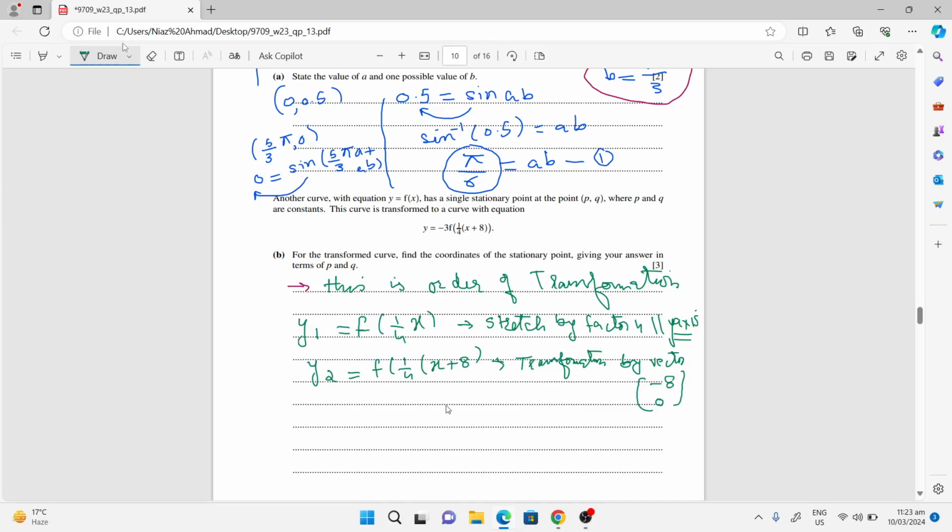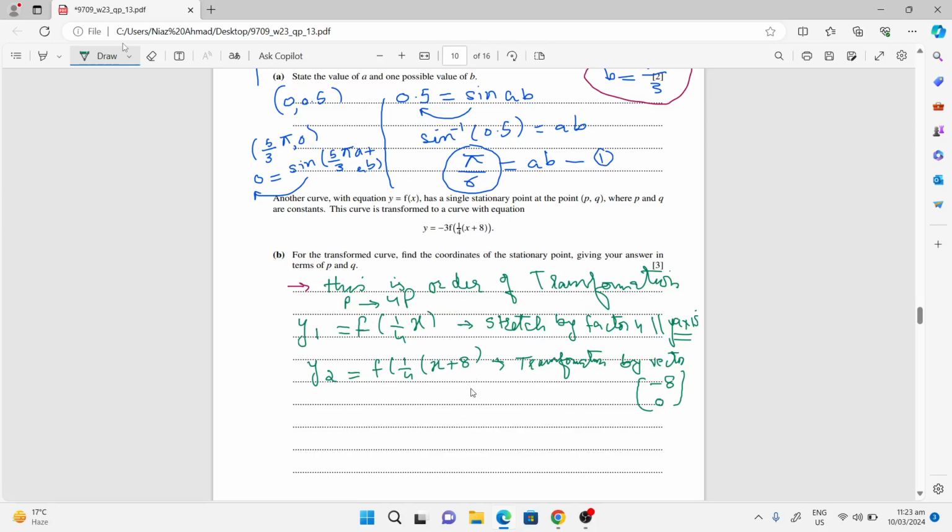So in the first, the stretch factor is parallel to the y-axis. So here you should write your p. Your p is actually 4p, because he is asking you to give the values for p and q. So this is 1 by 4, and 1 by 4 means stretch factor by 4. So p is actually 4 times p.